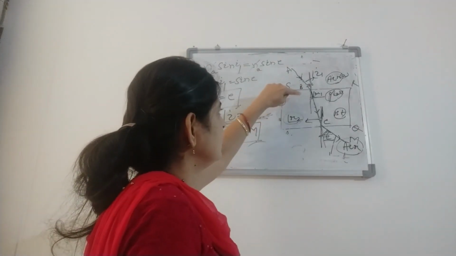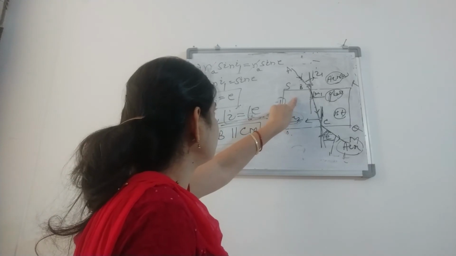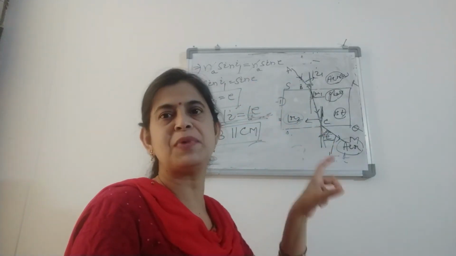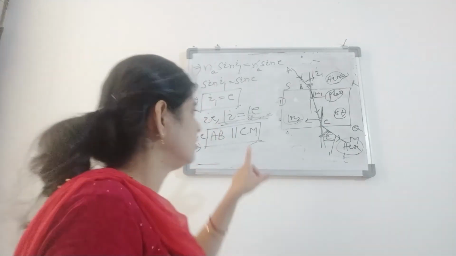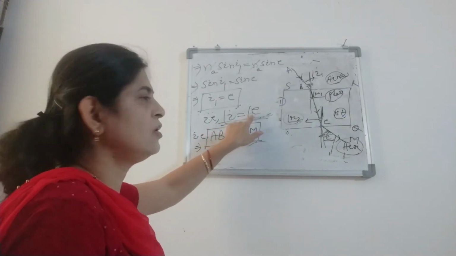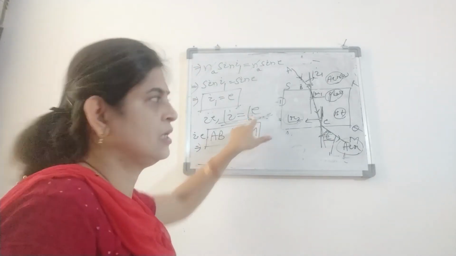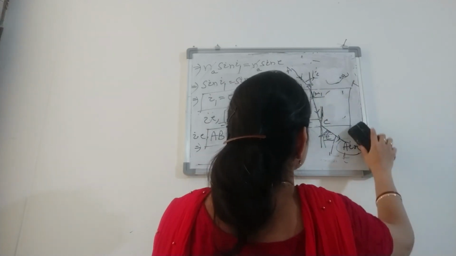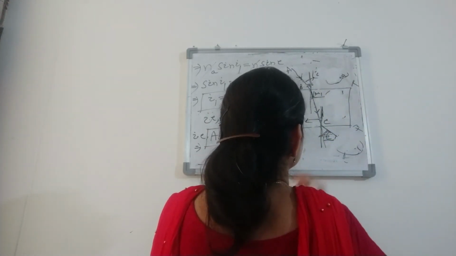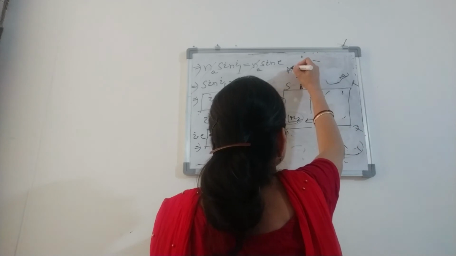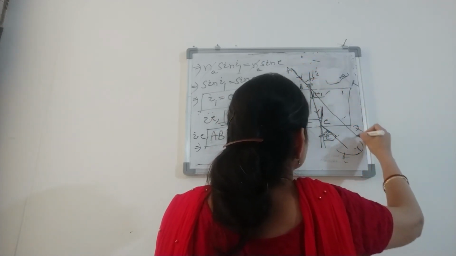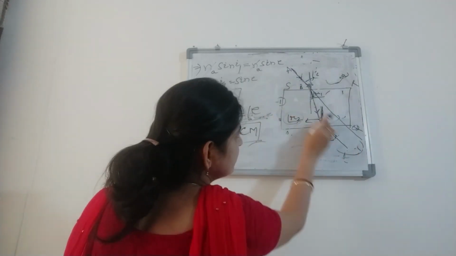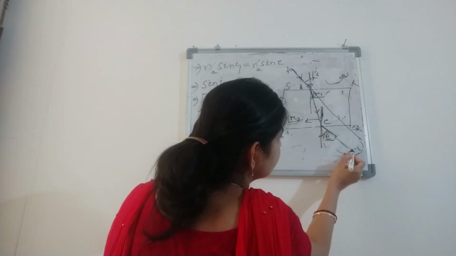That means in a glass slab, we concluded that the incident ray and the emergent ray are always parallel to each other. So the angle of incidence is also equal to the angle of emergence. Now if we extend the incident ray, this is your incident ray and this is your emergent ray.